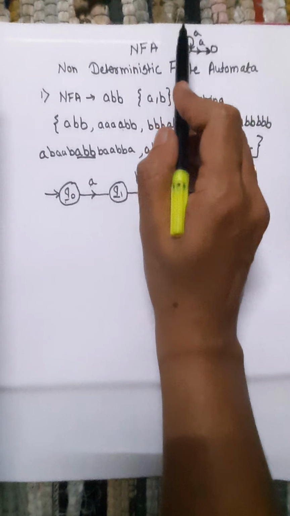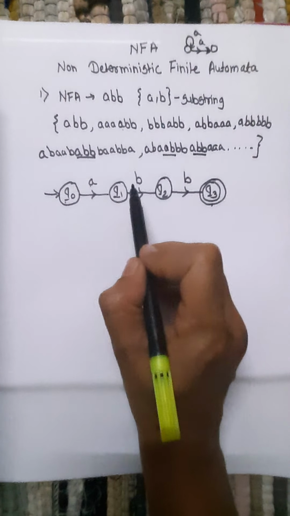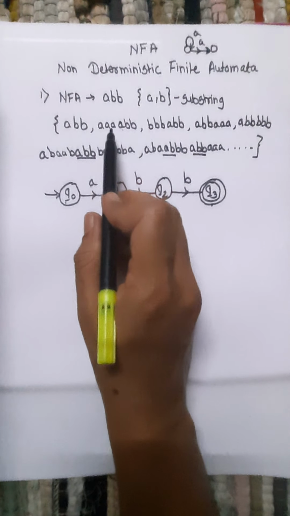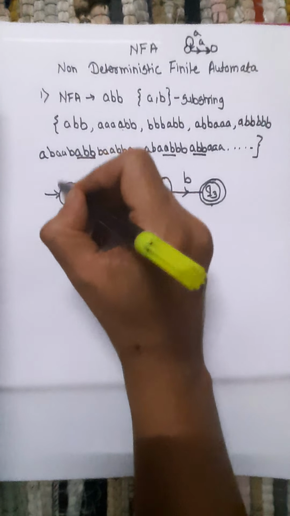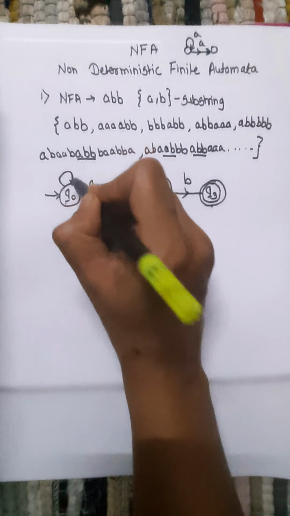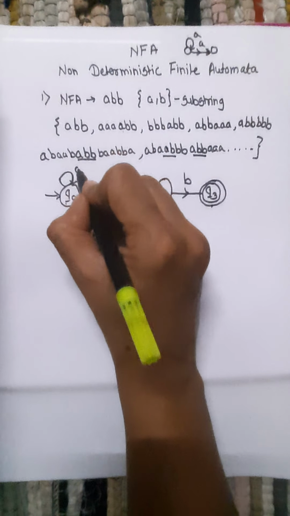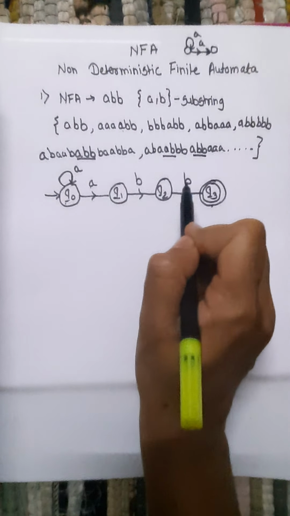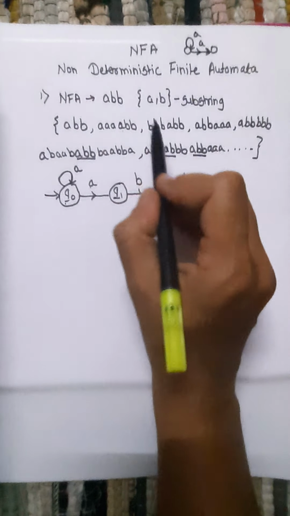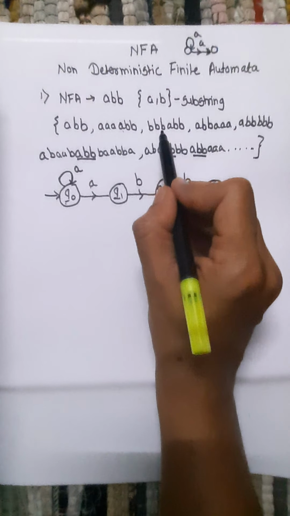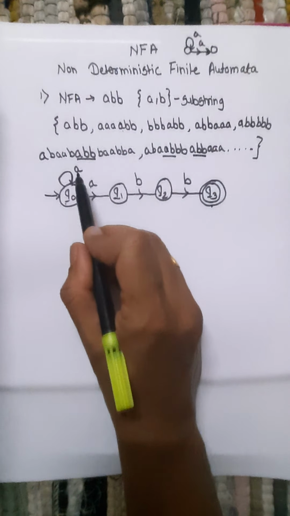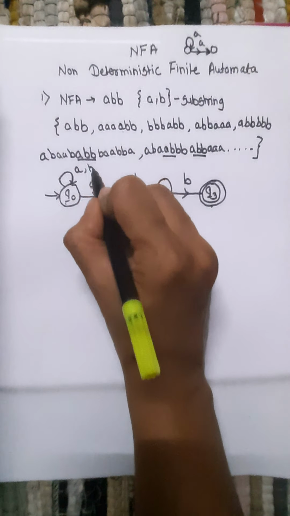So if we are writing A, B, B, before that we can write multiple A's. So here I am giving a self loop and putting A. Take multiple A's and then you can end with ABB. Now the third one, multiple B's and then ABB. So here we have given a self loop on A, and the same we can give for B.